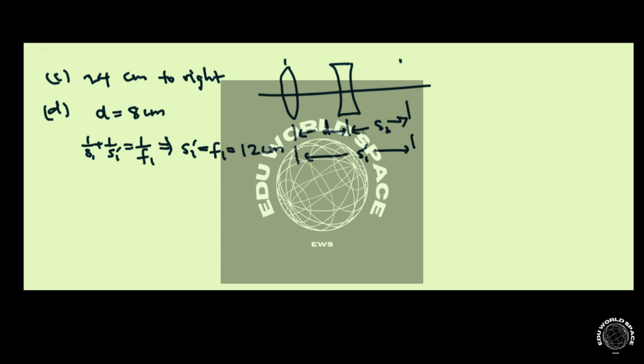And as before, S2 is equal to D minus S1 primed. And it's virtual, so that's 8 centimeters minus 12 centimeters. And that's equal to minus 4 centimeters.